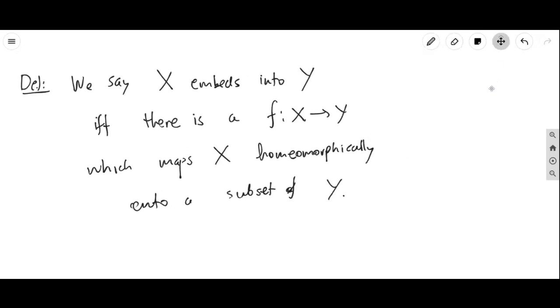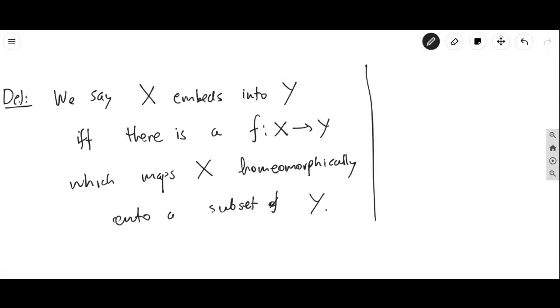So to use a very simple example, R embeds into R2. Like, you want to say that R is a subset of R2, that's what you want to say. And you can say that, and this is somewhat sloppy, but sometimes mathematicians write that, because as you know, mathematicians like to be sloppy.